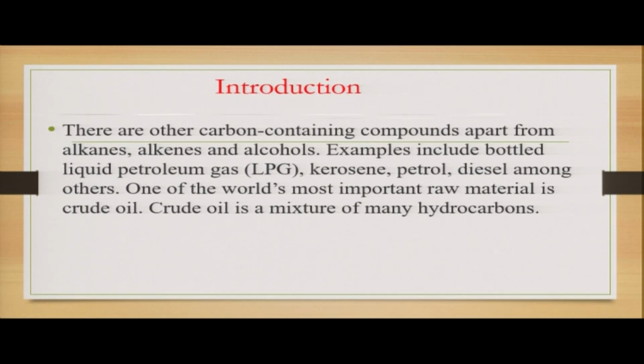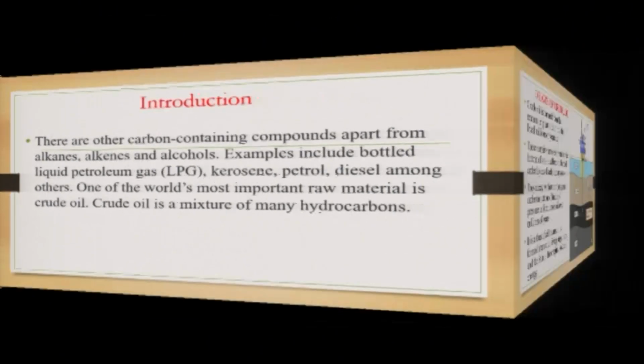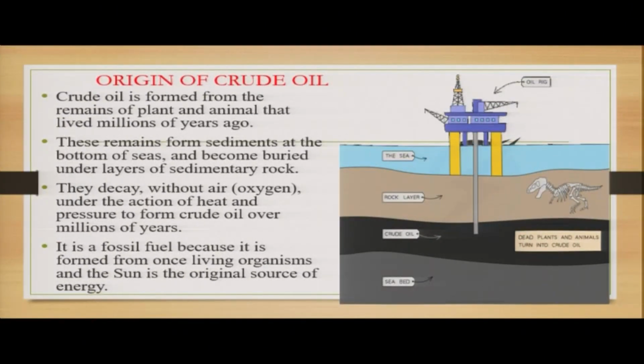But the most important thing we have said is that crude oil is one of the most important raw materials used all over, because it can be used to make a number of products. We'll see very many products that we'll look at later. Then we looked at the origin of crude petroleum.